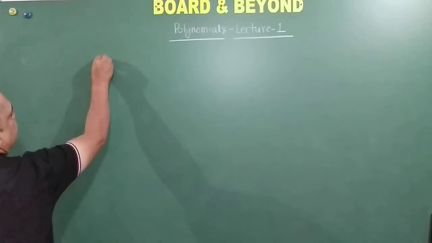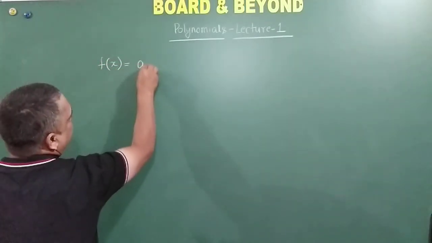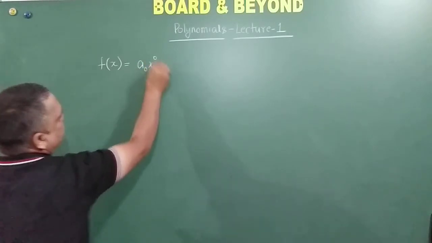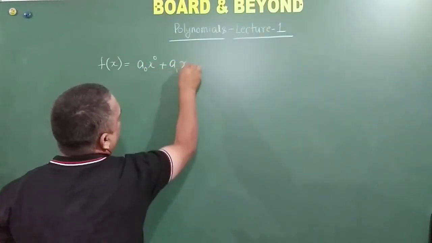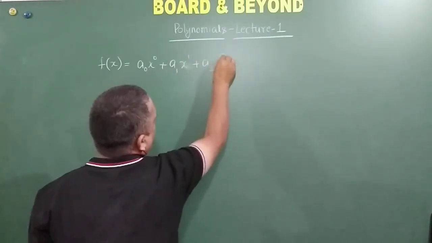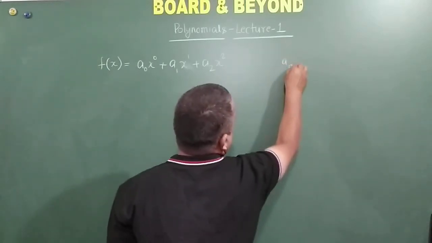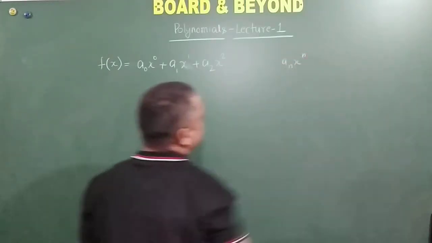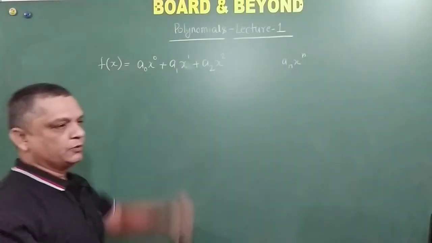Let us say there is an expression by name f of x which is a0 x^0 plus a1 x raised to power 1 plus a2 x raised to power 2, so on and so forth, an x raised to power n. Now let me first brief the terms to you.